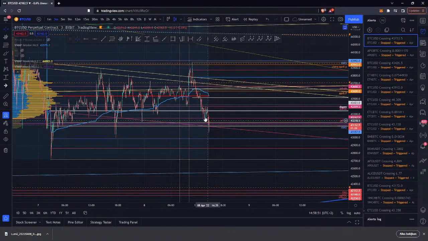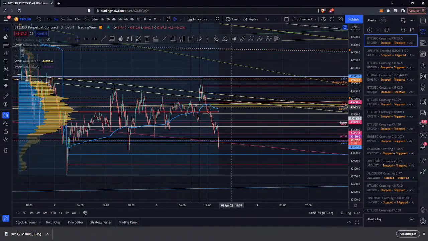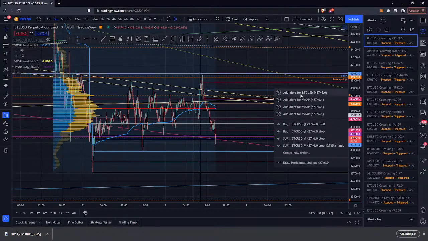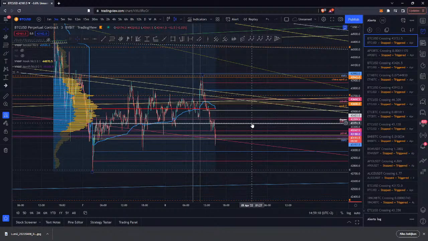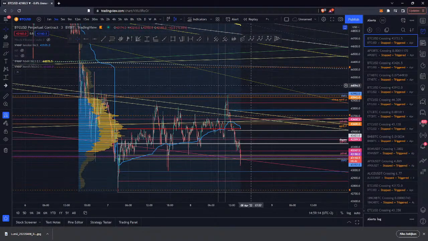Not that I would short here. I would never do that. More likely that it keeps ranging for maybe the next 2-3 days. We'll see. I do want to put an alert right there to know for sure that we got stopped out.